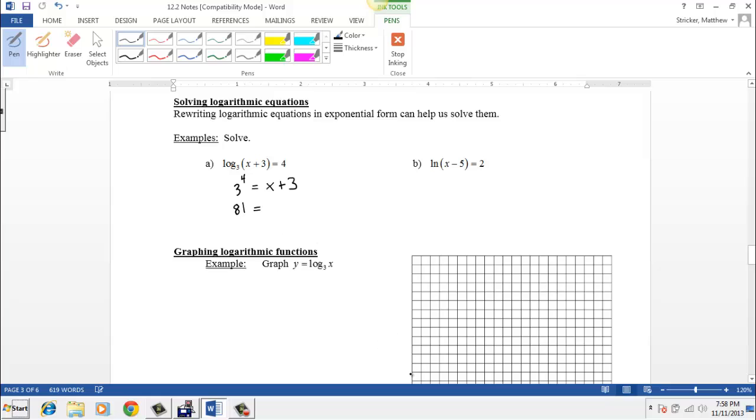So 81 has to be equal to x plus 3, which very simply gives us the x that we're looking for. X has to equal 78.